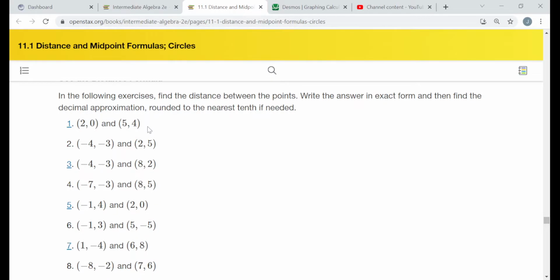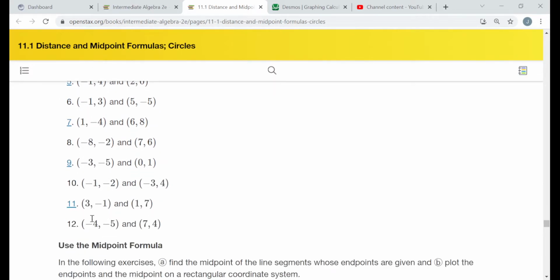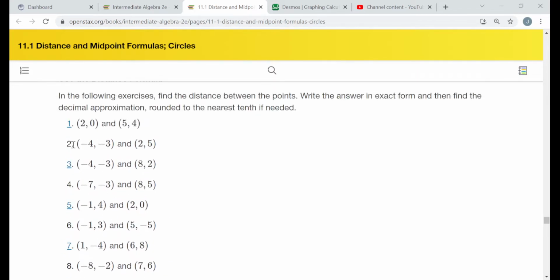Alright, I'll be working on just the even numbered exercises, 2, 4, 6, and so on, up until 12. These are the exercises that don't have links to solutions. You may notice that the odd numbered ones have links to solutions that you can click on, so I'm not going to be doing those.